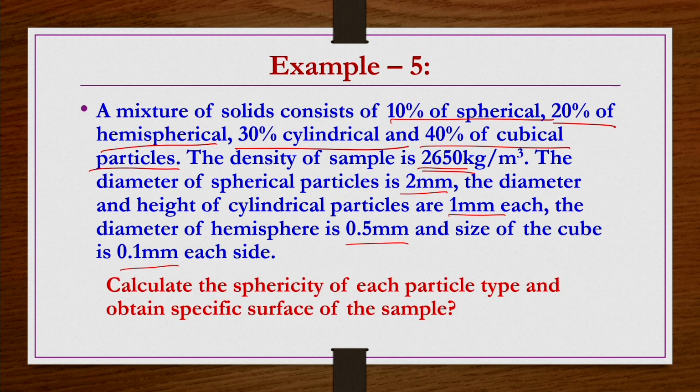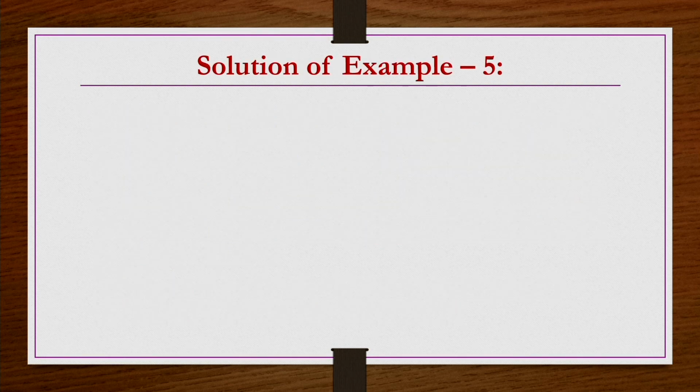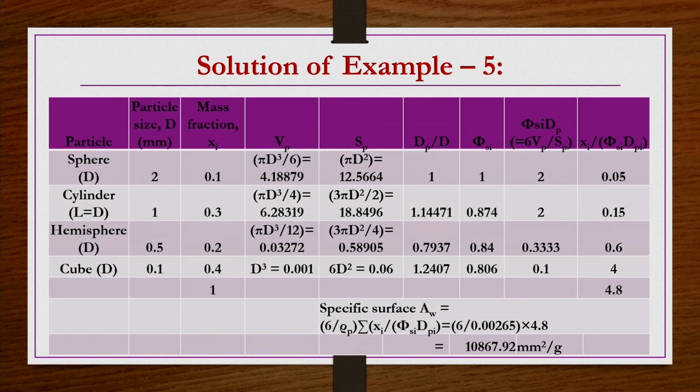For this, we have to find the sphericity for each particle type and then obtain the specific surface of the sample. Particle size is given in mm, and the corresponding mass fractions are given in the second and third columns. This is the summation; when you add together, this fraction is 1. Vp, the volume of each particle, and Sp, the surface area of each particle, are calculated here.